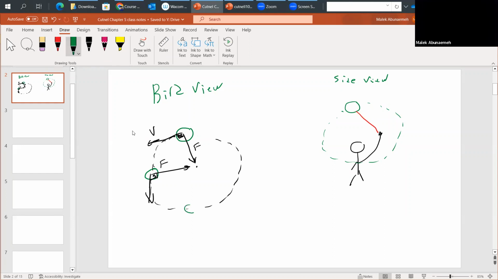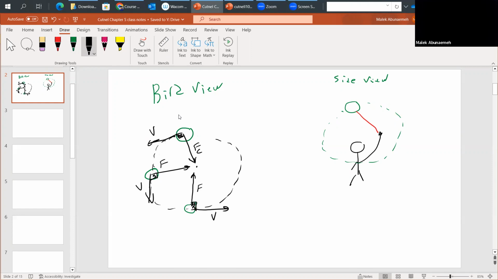Same thing, let's say you got your ball over here. That means here's your force going inwards, and you got your velocity going perpendicular to that.